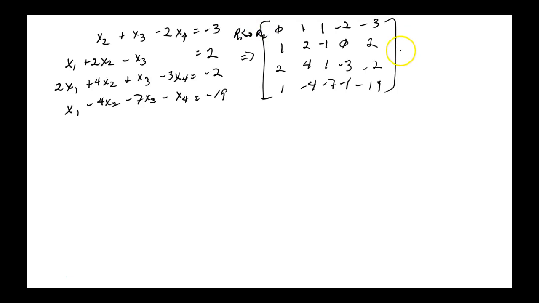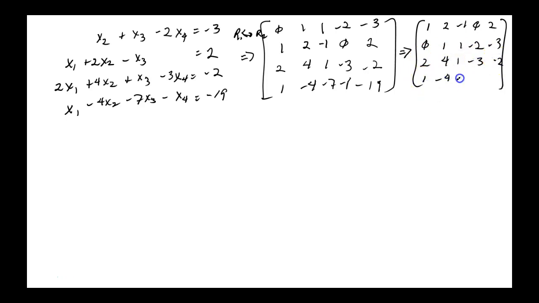I'll try to fit it over here just because this is going to take a while. 1, 2, minus 1, 0, 2. 0, 1, 1, negative 2, negative 3. Leave the next two rows alone. 2, 4, 1, negative 3, negative 2, and 1, negative 4, negative 7, negative 1, negative 19. I hope I wrote it right.